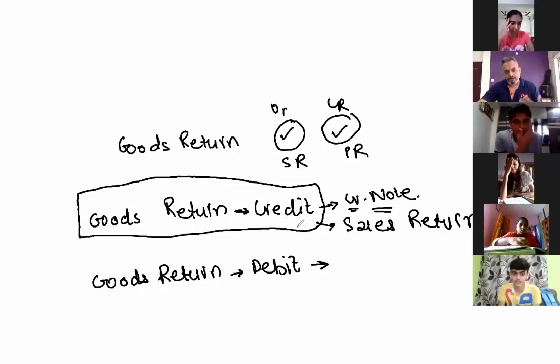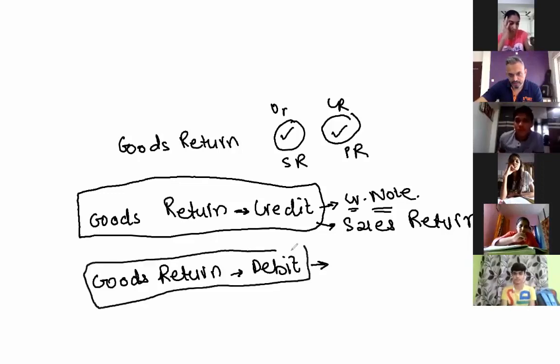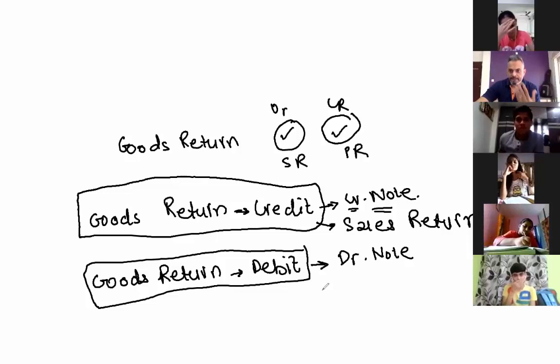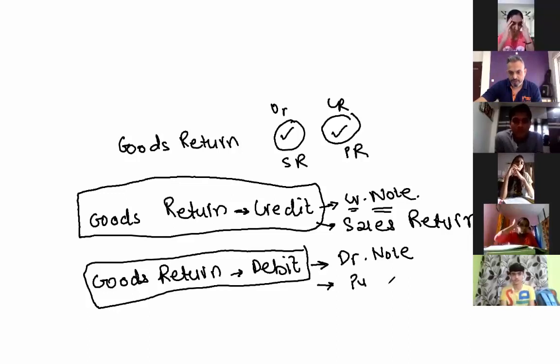Goods comes in, so debit sales return; goods goes out, so credit purchase return. Over here it is given goods return only, debit like this. So in this case, this debit is goods return with a debit note. We are returning goods with a debit note, so we will debit the supplier and credit purchase return. So it is our purchase return.